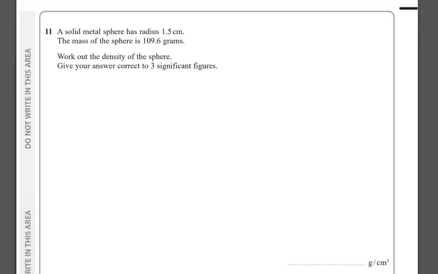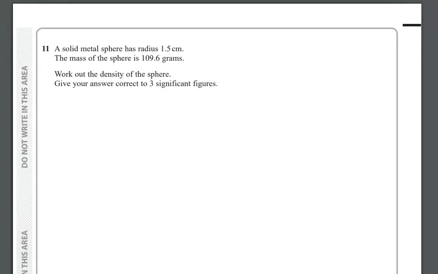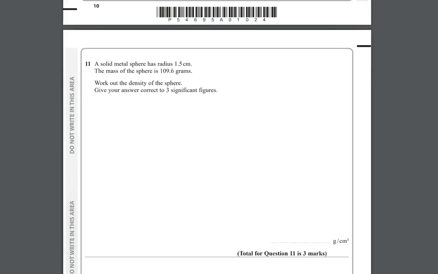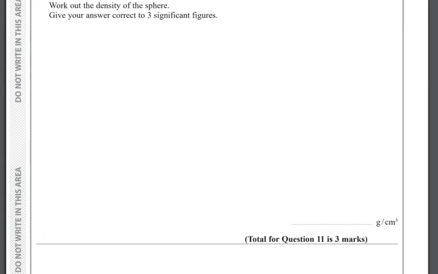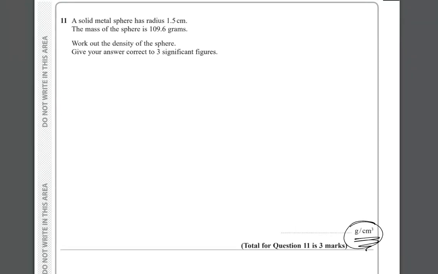There we go. So, and then we need to know what density is. So density is how heavy per unit volume it is. It actually gives us a bit of a clue. If you look down here, it says density is grams per centimetre cubed.